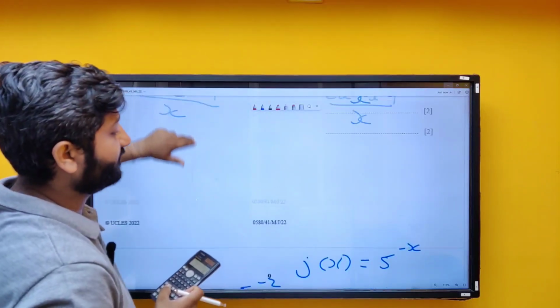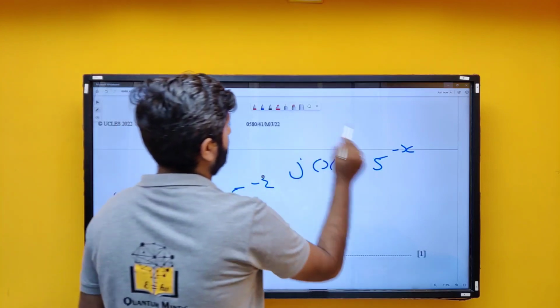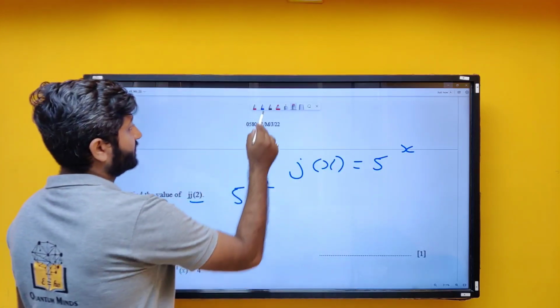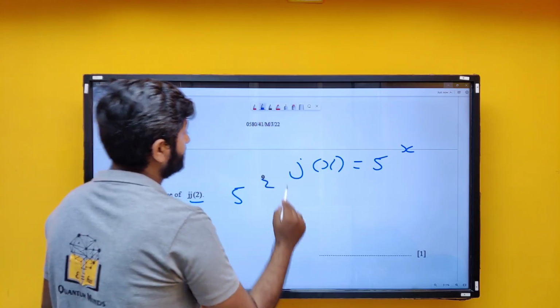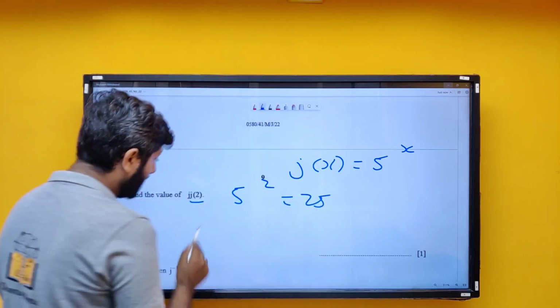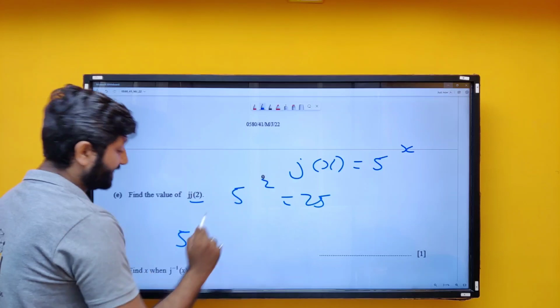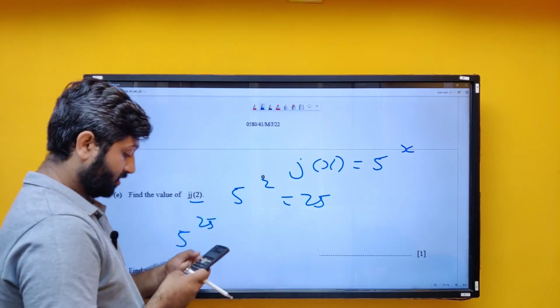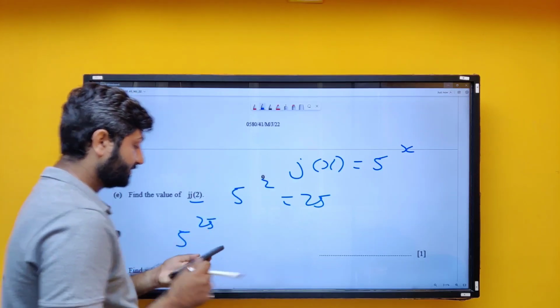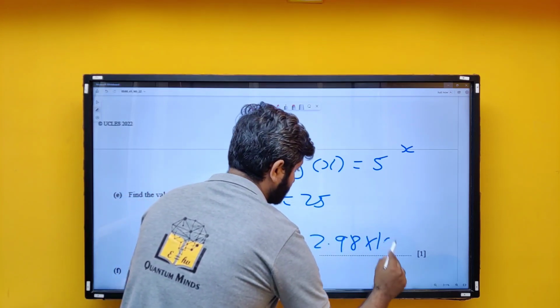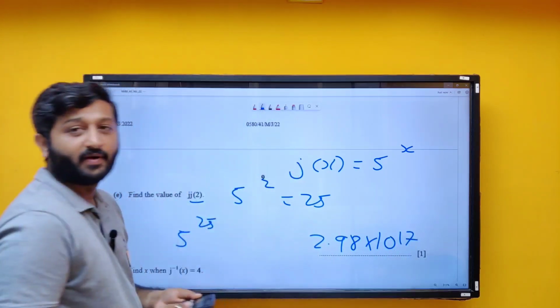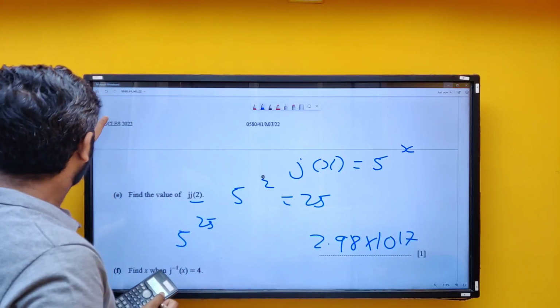Okay, it's just 5 power x. So first g of 2, which is 5 power 2, which is 25. Now 5 power x again, so 5 power 25 is 2.98 into 10 raised to 17.